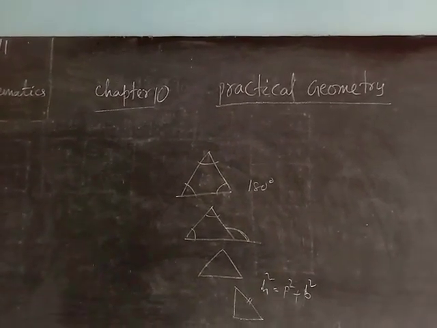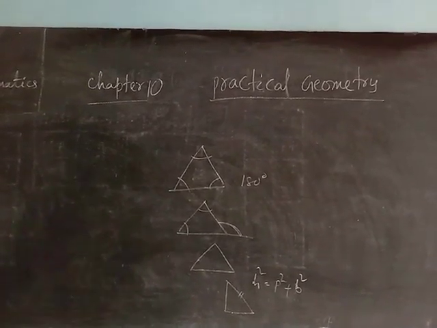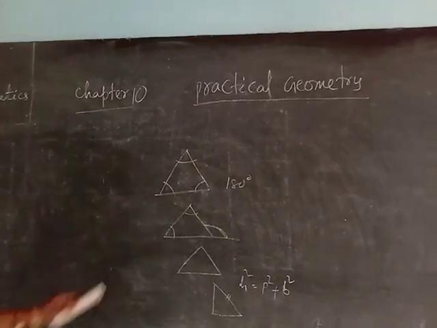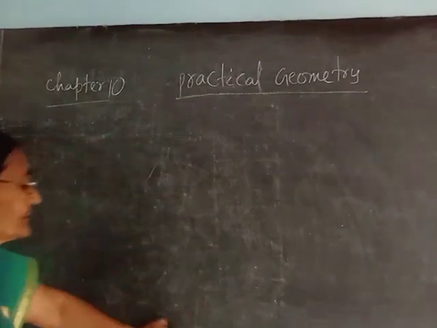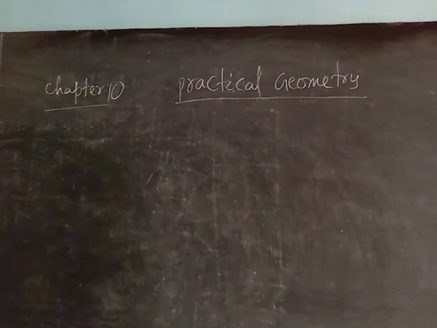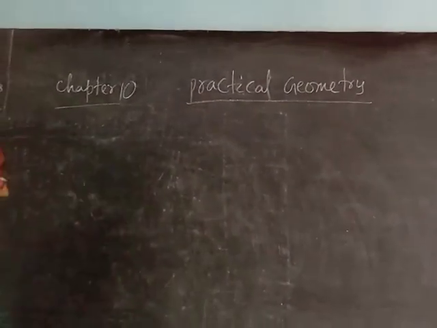a triangle can be drawn if any one of these sets of measurements is given. Suppose the three sides are given, then it is possible to draw the triangle.